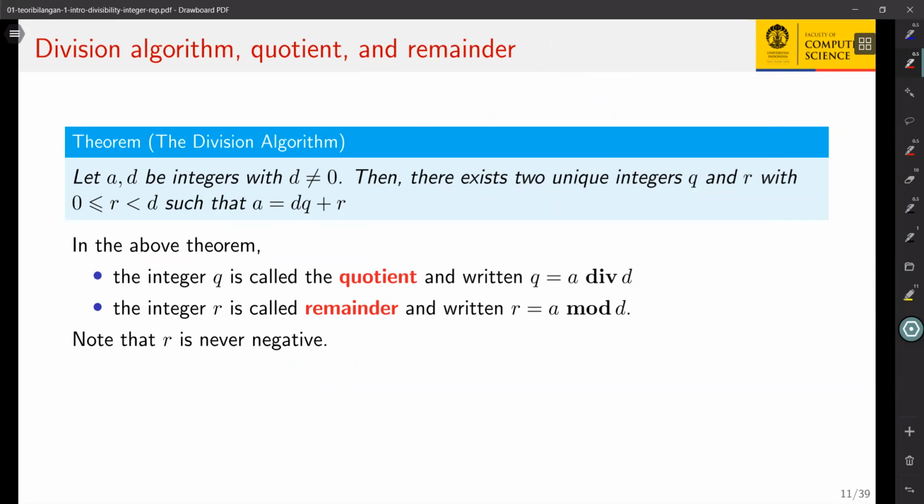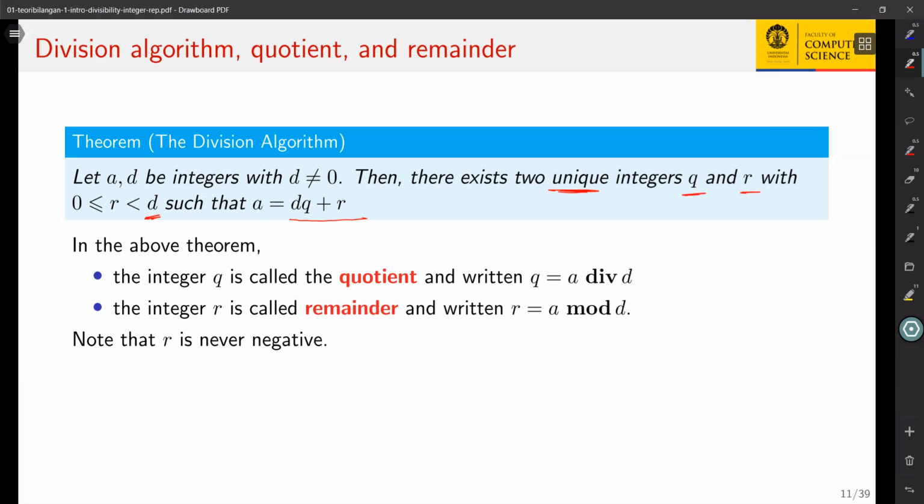Now, this is captured in this theorem saying that if you have A and D integers, such that, of course, D is not 0, then there always exist two unique integers, remember here, unique integers Q and R, such that, first of all, R is not negative and less than D, and A is equal to D times Q plus R. So you could always get the numbers Q and R this way if you have A and D. Q is called the quotient and R is called the remainder.